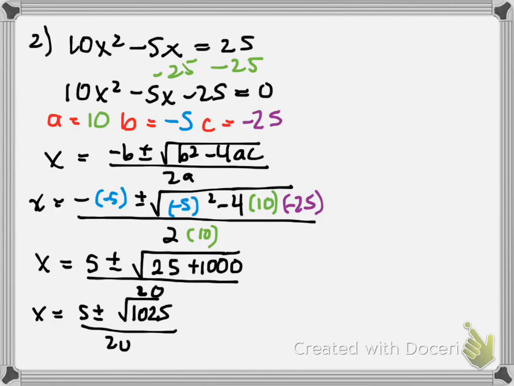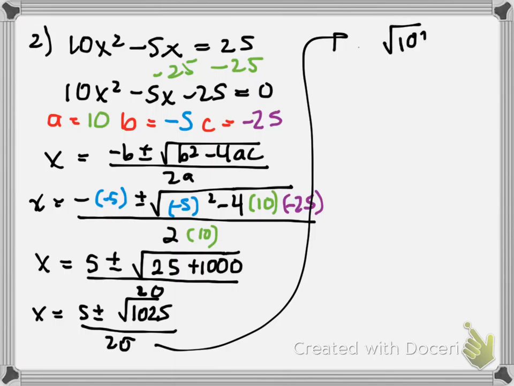So here's what becomes vitally important, is dealing with simplifying the square root of 1025. What perfect square goes into this number? Look at the last 2 digits. 15? 25. 5 is not a perfect square. 15 isn't. 25. 25 goes into 102 4 times with 2 left over and into 25 once.